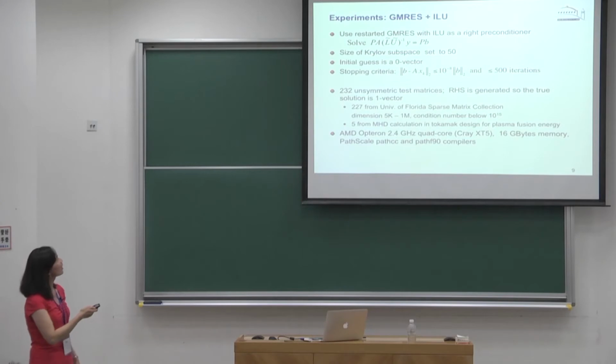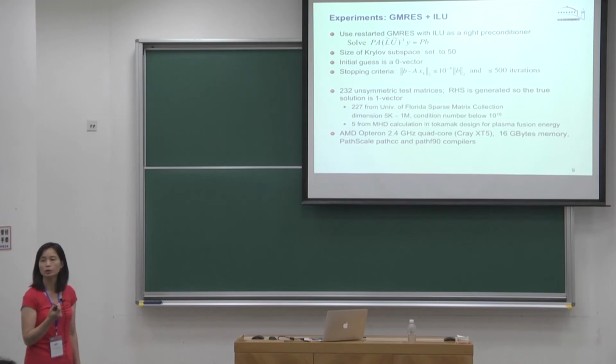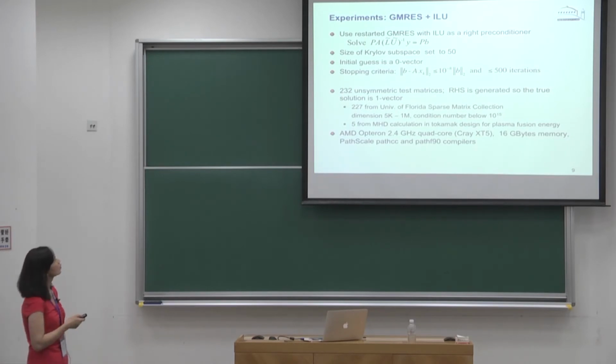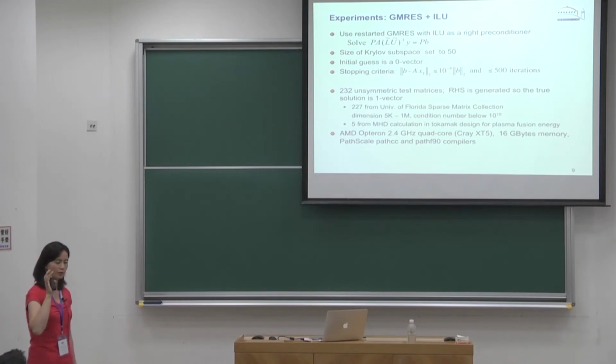So we downloaded a lot of matrices from this collection, 232 non-symmetric matrices. We used the criteria that the dimension is not too small, and also not too big, since this is sequential code, and we cannot deal with a very big matrix. So we went to the website. It's a very nice website, by the way. You can put in any criteria, so for example, if you want SPD matrices, you can download all the SPD matrices.